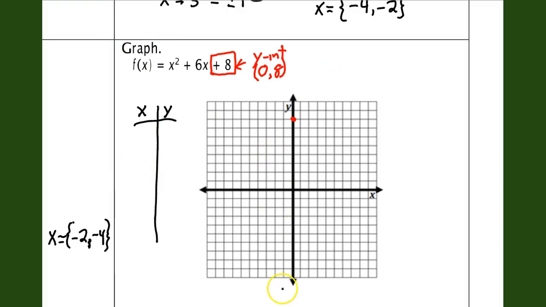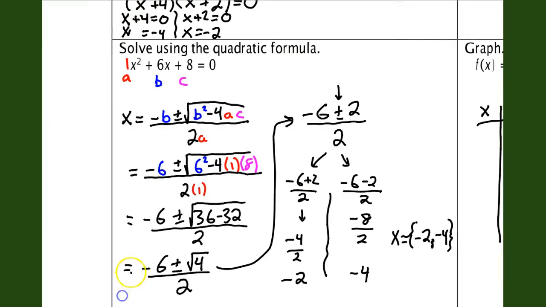So what you want to do to find the vertex is take a little piece of this quadratic formula. So right here, the part that's not in the square root, this negative b over 2a, actually tells us where the vertex is.